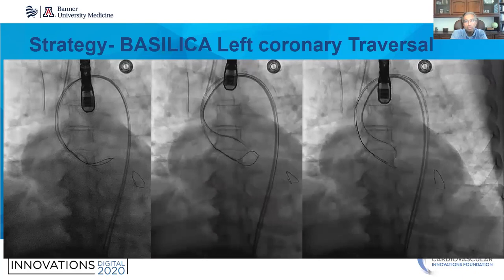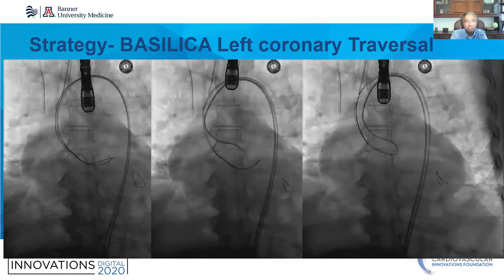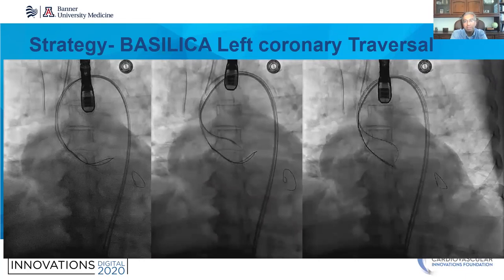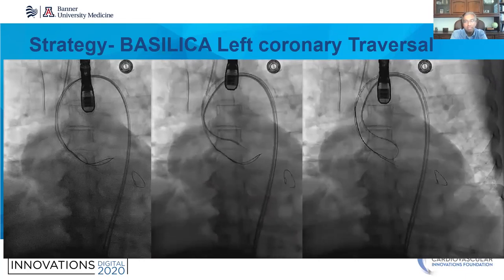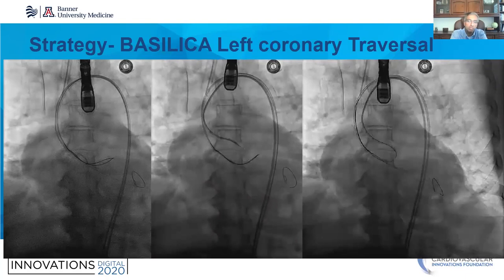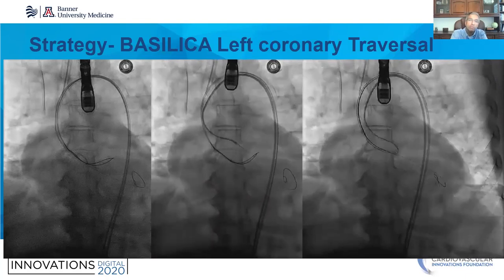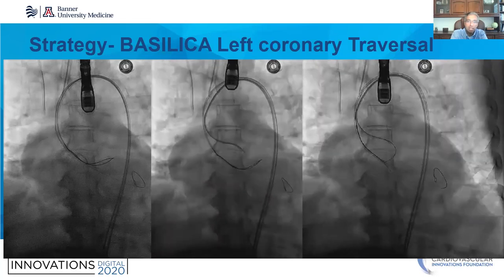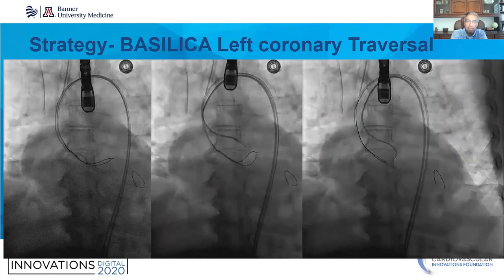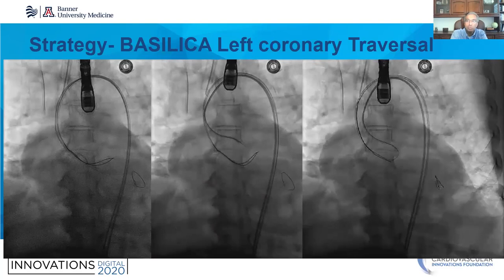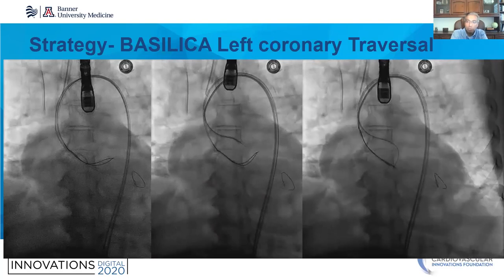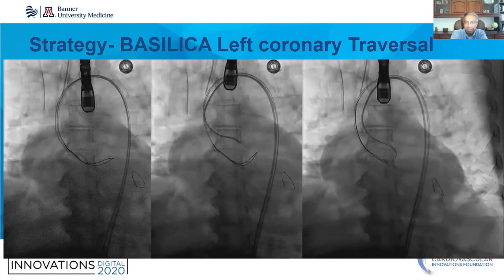and we're able to traverse, as you can see, with a Astato wire on a piggyback catheter fairly easily into the left ventricle in real time with a snare in the left ventricle, just in the outflow tract, being able to grab this wire and pull it into the snare on the aortic side.